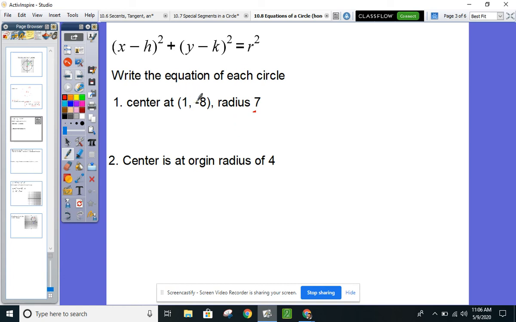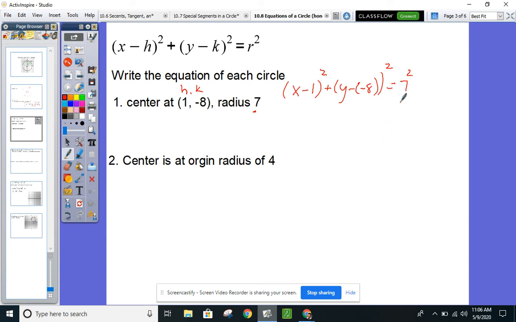All right. So what we're going to do is just substitute. Remember, if this is the center, that means this is h and this is k. So as we plug these in, we'll say x minus the value of h, 1, quantity squared, plus y minus the value of k, -8, squared equals our radius, 7 squared.